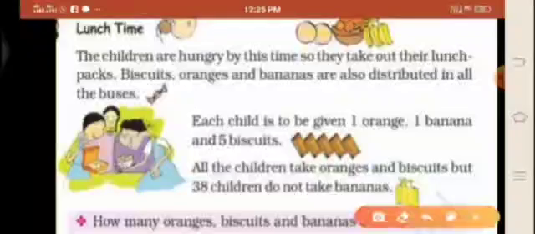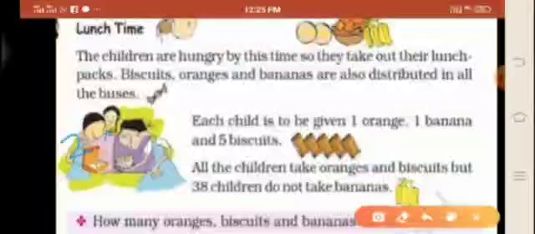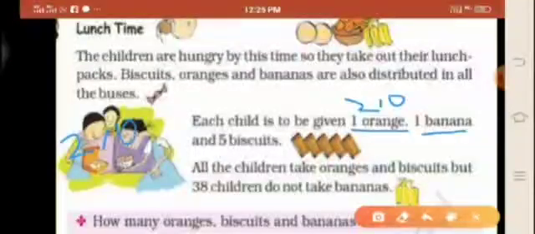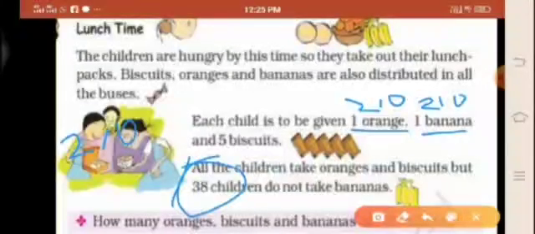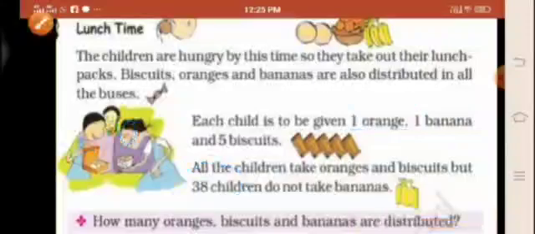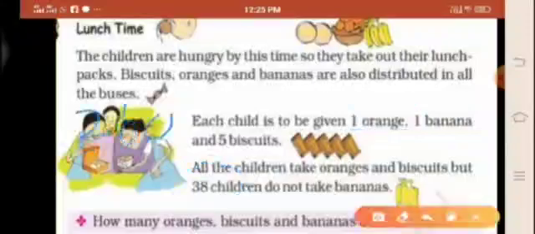Children, the total number of children is 210. So one orange is distributed among each of them. So 210 oranges we are giving. And one banana. So 210 bananas we are not giving, because here 38 children are not taking the bananas. It means how many children are taking the bananas? We will do 210 minus 38.